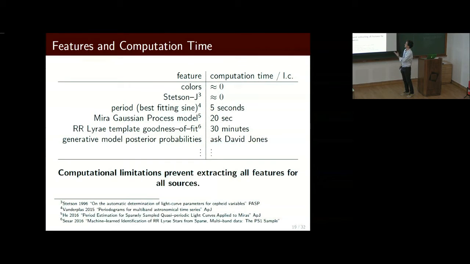And then David Jones yesterday spoke about generative models, which will output posterior probabilities. We can think of those posterior probabilities themselves as being extremely useful features for doing classification, and potentially those are quite computationally intensive to compute. So there's a limit to how many of these features we can extract for each source. We certainly don't want to extract every feature for every source.